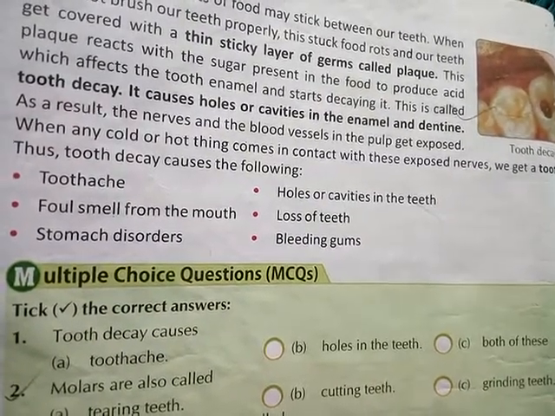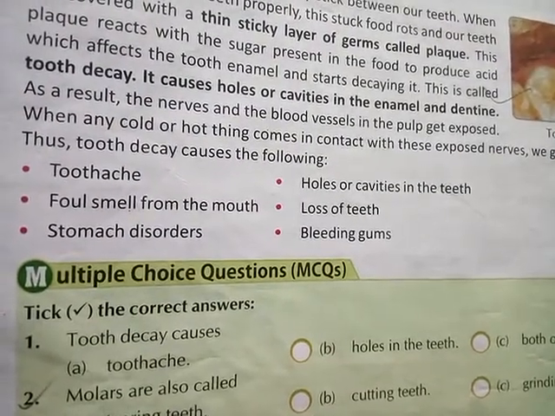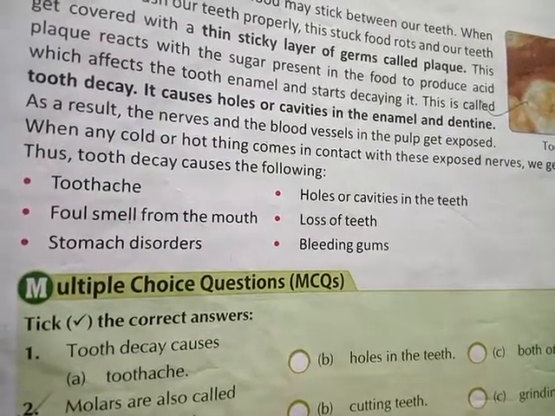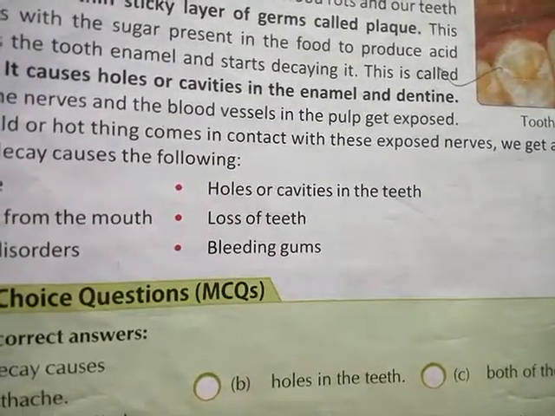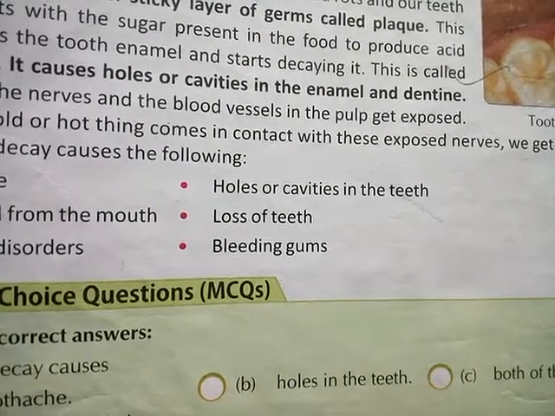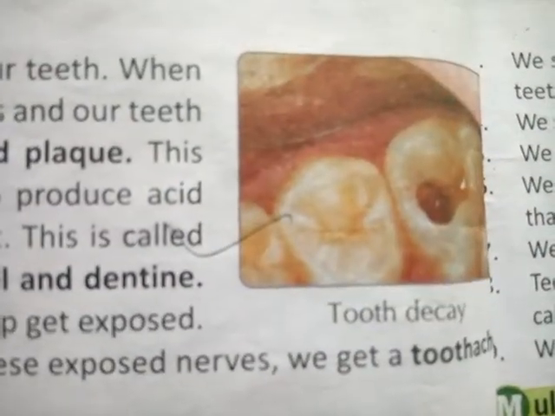Thus, tooth decay causes the following: toothache, foul smell from the mouth, stomach disorders, holes or cavities in the teeth, loss of teeth, bleeding gums. Dear students, this is a picture of tooth decay.